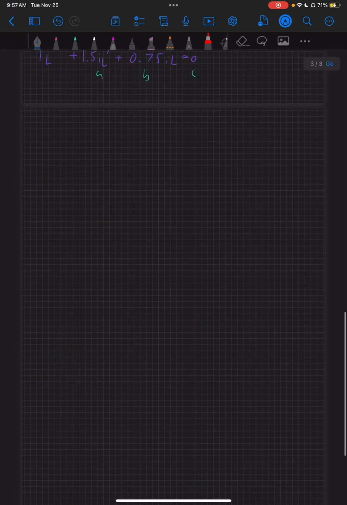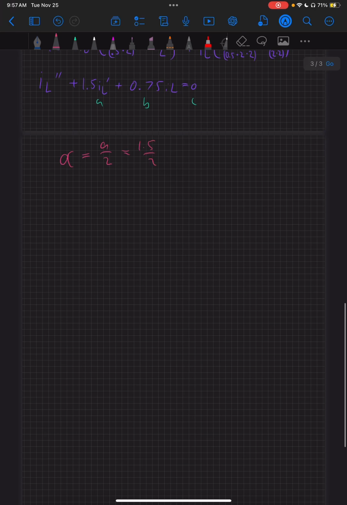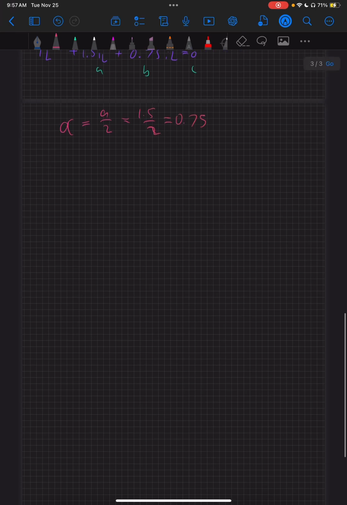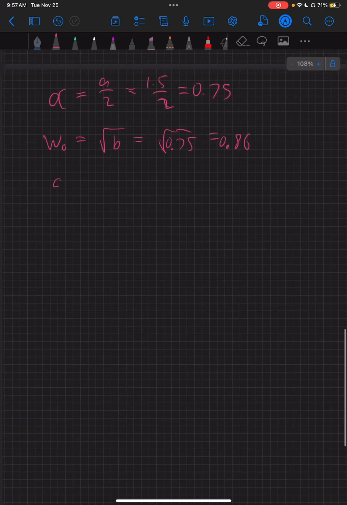It's going to look like this: a over 2 equals 1.5 over 2 equals 0.75, and W naught is the square root of b, which is 0.75 squared equals 0.86. Since a is less than W naught, the equation is underdamped.